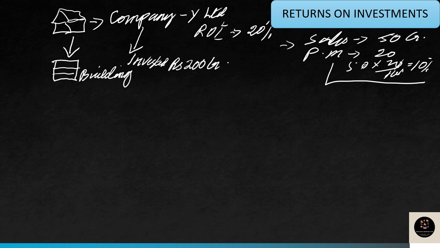So at this situation, the investor will not be happy. See, the expected return on investment is 20%, but here we got only 10%. So the expectation is very less. It's only 50%. So the investor won't be happy at this situation.